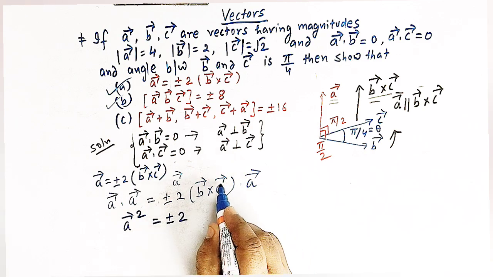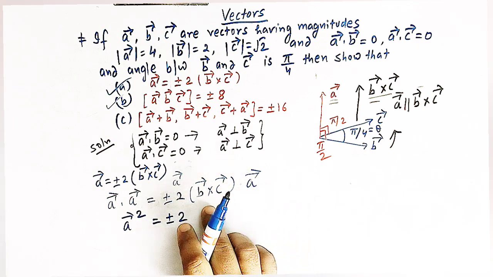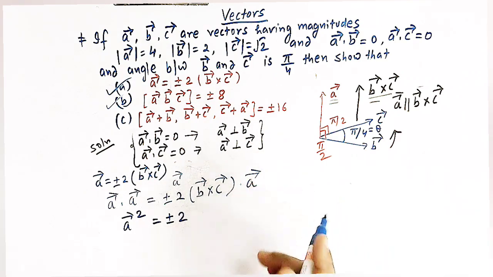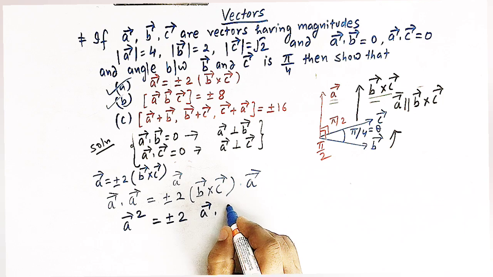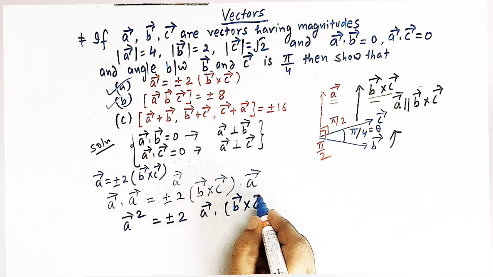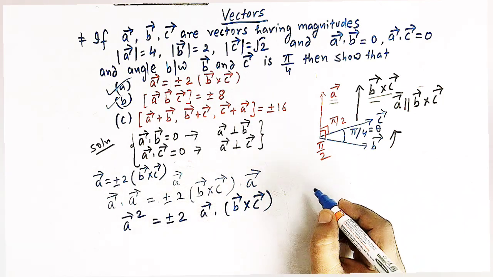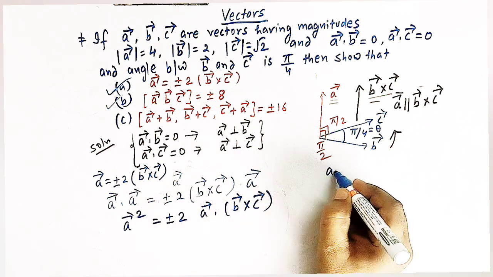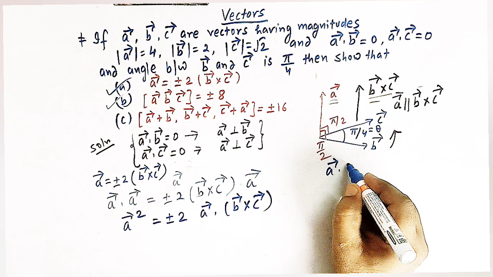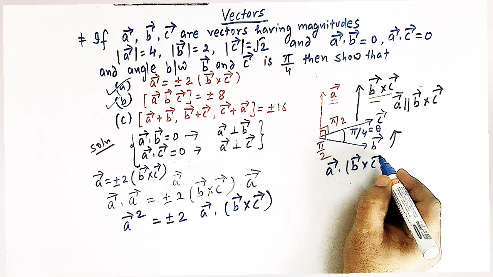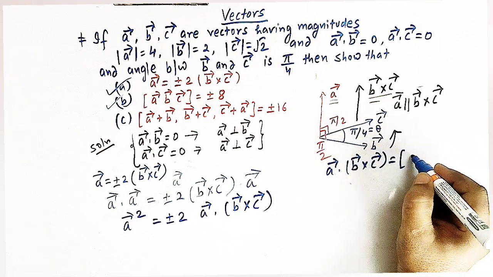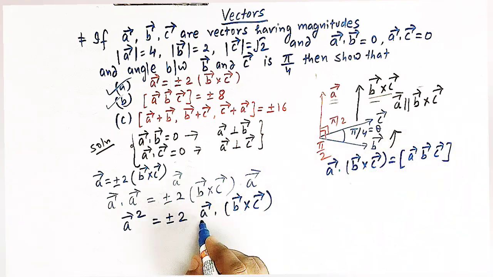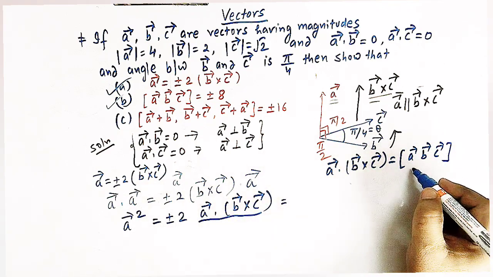Now B cross C dot vector A. We know that the dot product of two vectors is commutative, so we can write A dot B cross C. Now from the definition of the scalar triple product of three vectors, we know that the notation for A dot B cross C is given by bracket vector A, B and vector C. So this can be replaced by this notation.